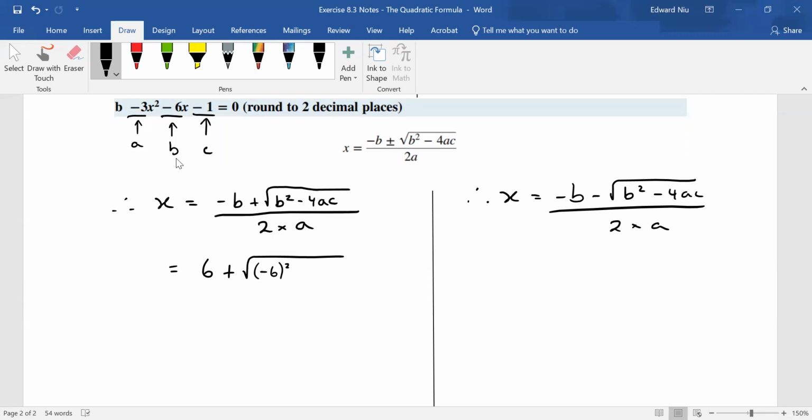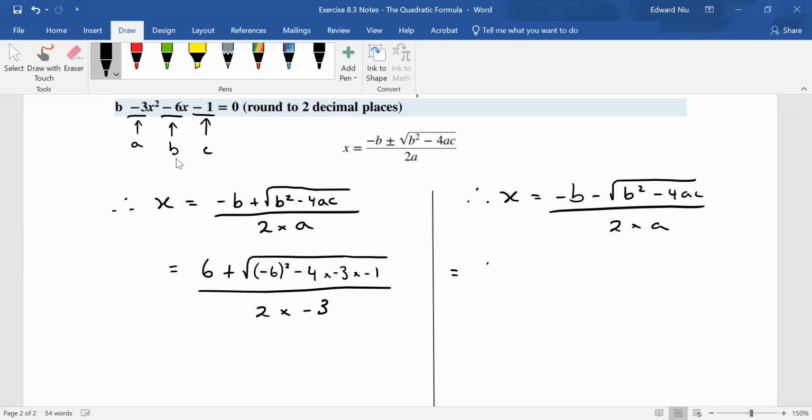So it's negative 6 times negative 6. So make sure you put the brackets into your calculator so it doesn't get confused. Take away 4 times our a value of negative 3 times negative 1. Okay, all divided by 2 times negative 3, because that's our a value.